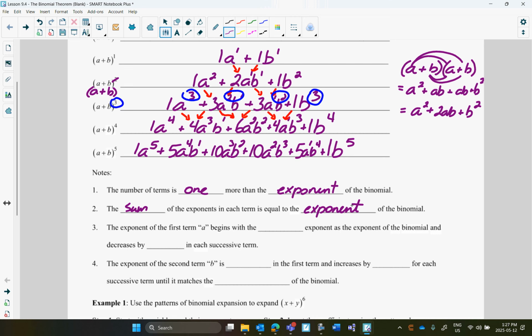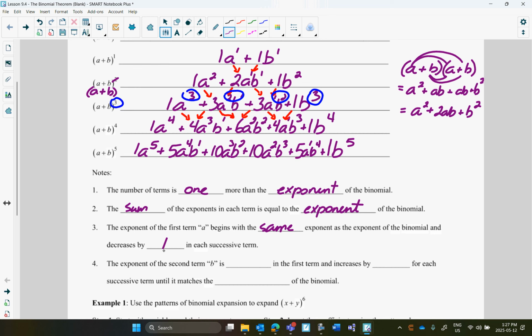The exponent of the first term, which we call a, begins with the same exponent as the exponent of the binomial, and then it decreases by 1 every time we go to the next term. So if we're raising to the 5th, the first term has an a to the 5th, the second has an a to the fourth, a to the third, until you get to the end where it doesn't even have an a.